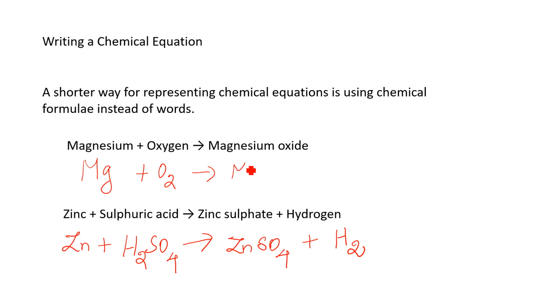Now we have written the formula, but you have to balance it. See the number of atoms on both the reactant side and product side. Reactants are on the left hand side and products are on the right hand side. Now see, oxygen: there are 2 oxygen on the reactant side, but on the product side you have only 1 oxygen.